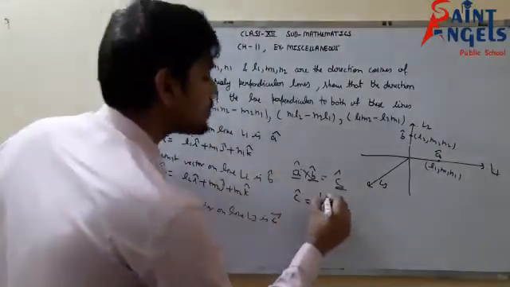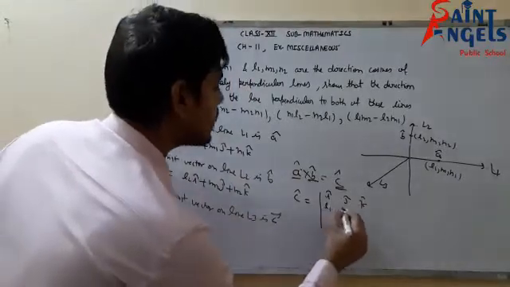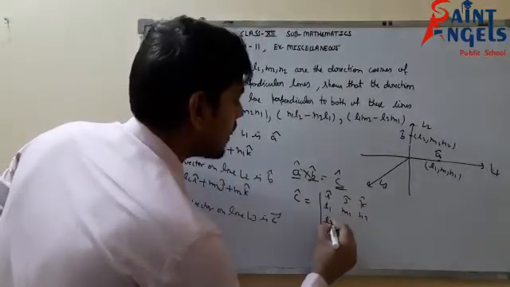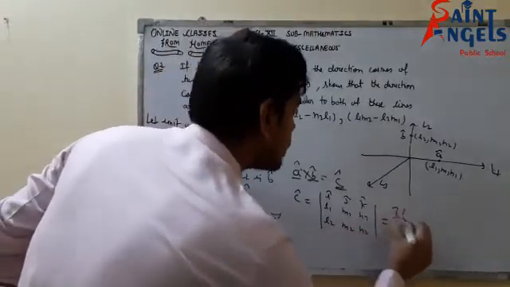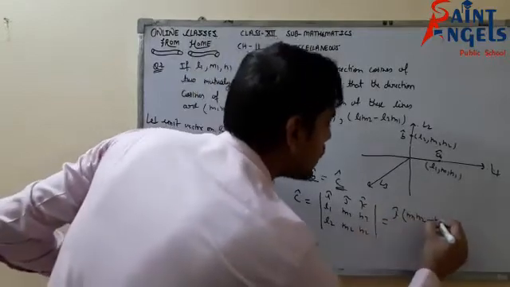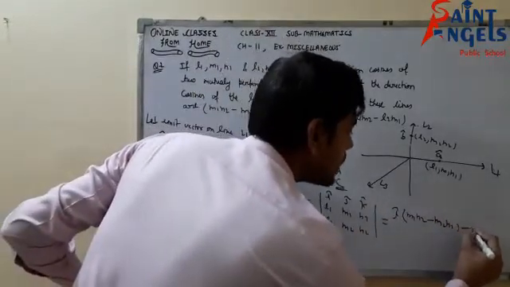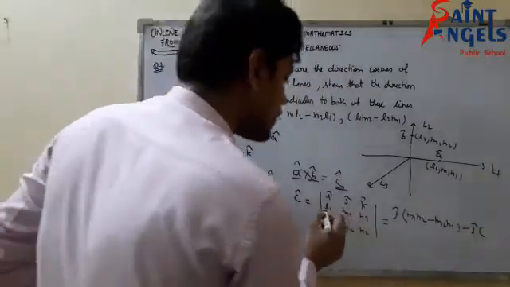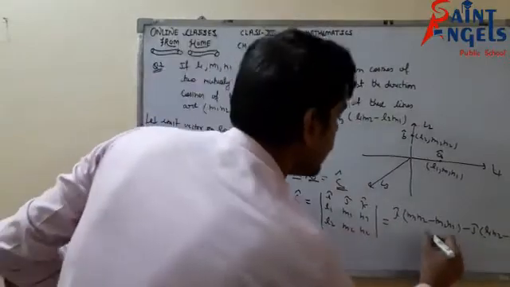So a cap is i, j and k, then l1, m1, n1, then l2, m2, n2. So c cap would be i cap times (m1 n2 minus m2 n1), then minus j times (l1 n2 minus n1 l2).